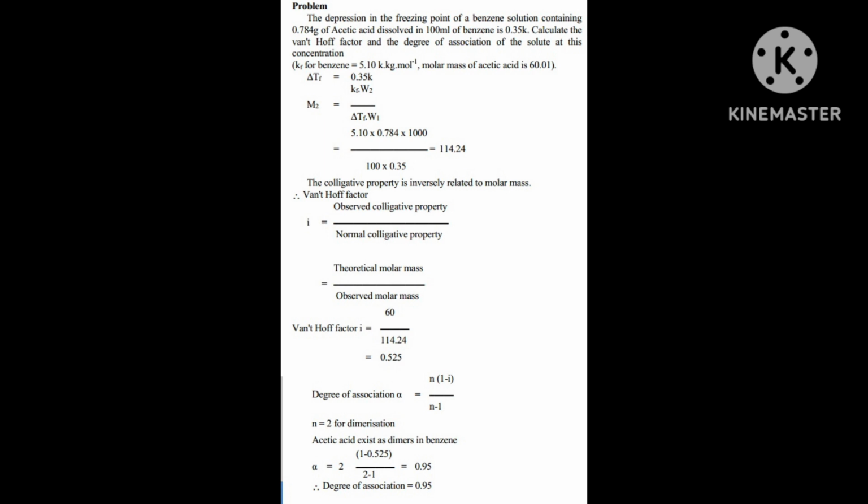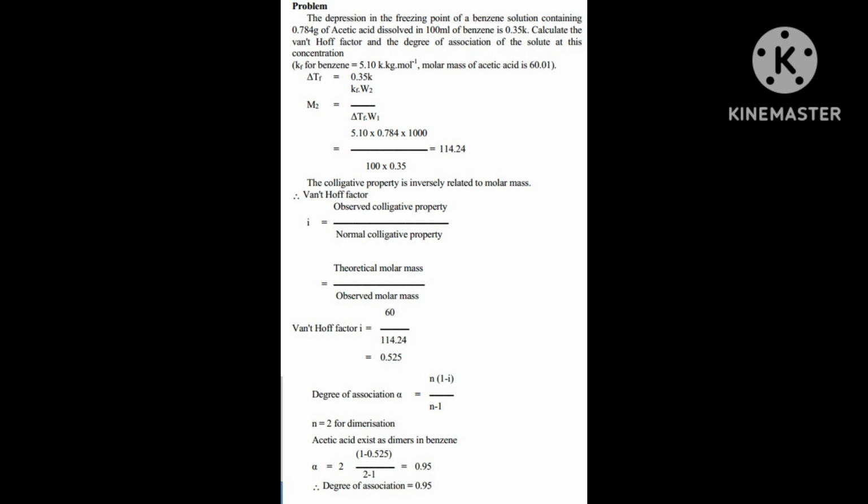Then number of moles of acetic acid will become 0.6 into 1.06, this is converted into the gram, then gram divided by molecular mass. The molecular mass of acetic acid, after adding the atomic masses, you will get 60 gram. Then divide it by 60.